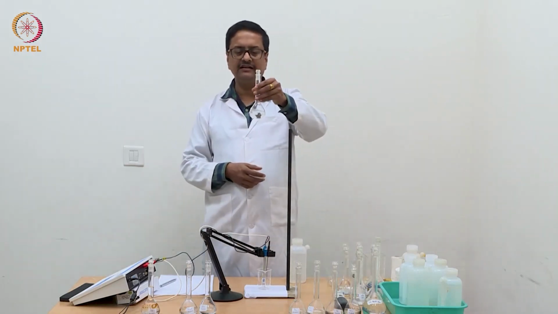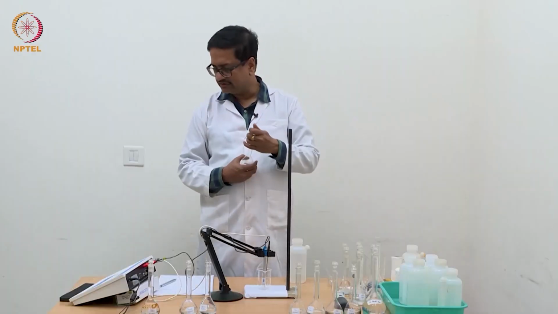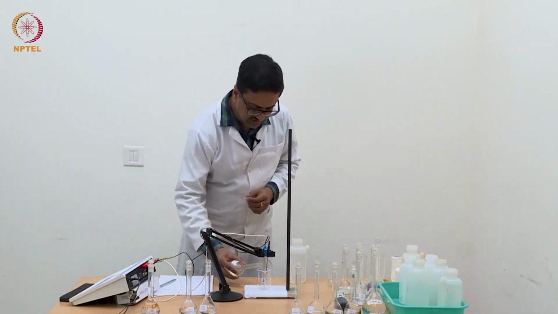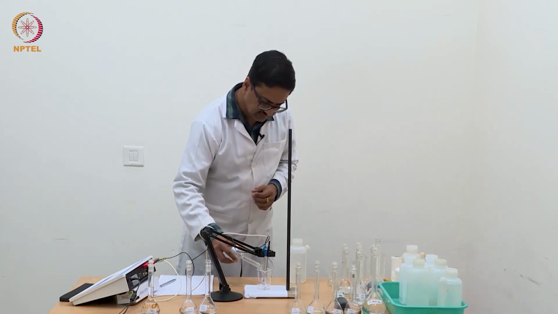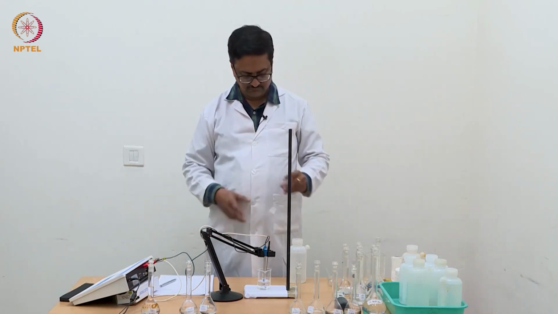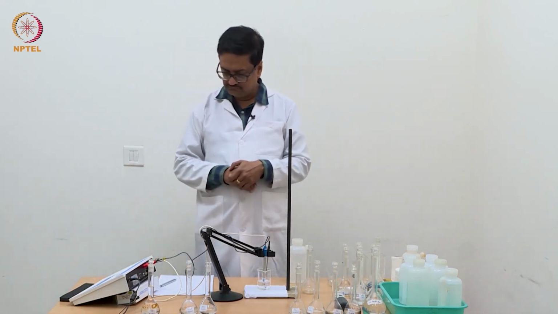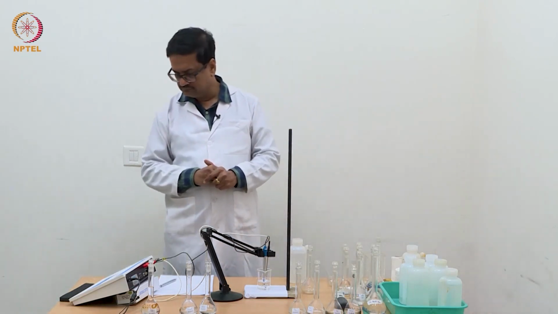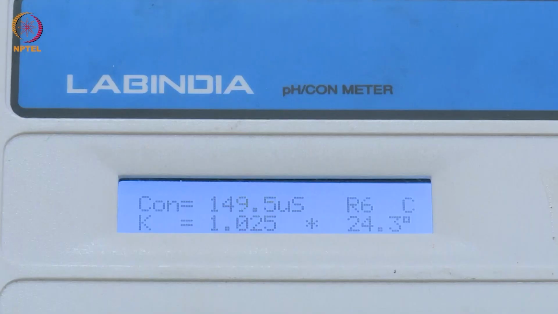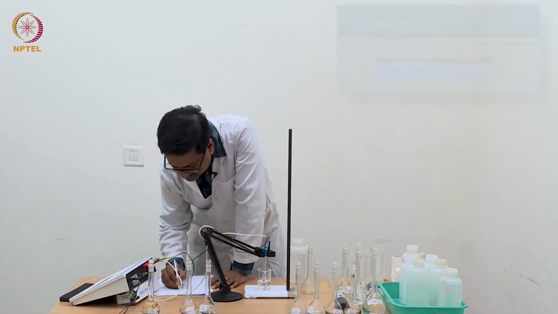Now I am adding this N/128 acetic acid to this beaker and we will measure the conductance. So it is 141.9 microsiemens.